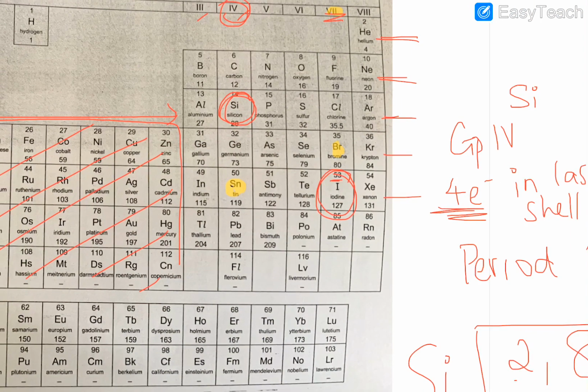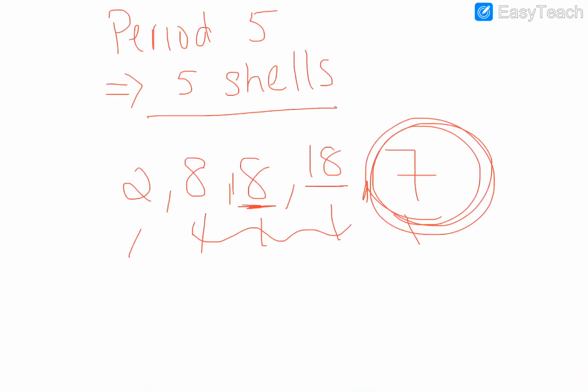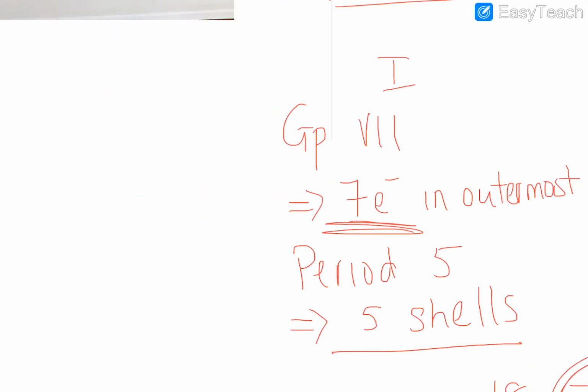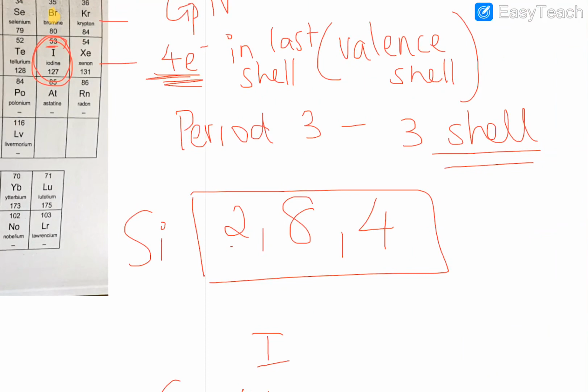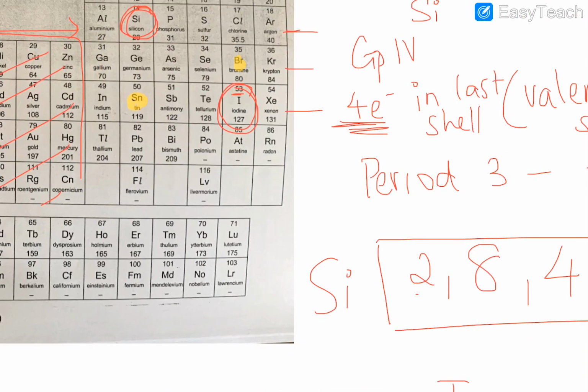But just to explore a little bit, you could get that in a multiple choice, for example, where you'll have several options and have to choose from. So this is just how you can find the electronic configuration based on its position in the periodic table.